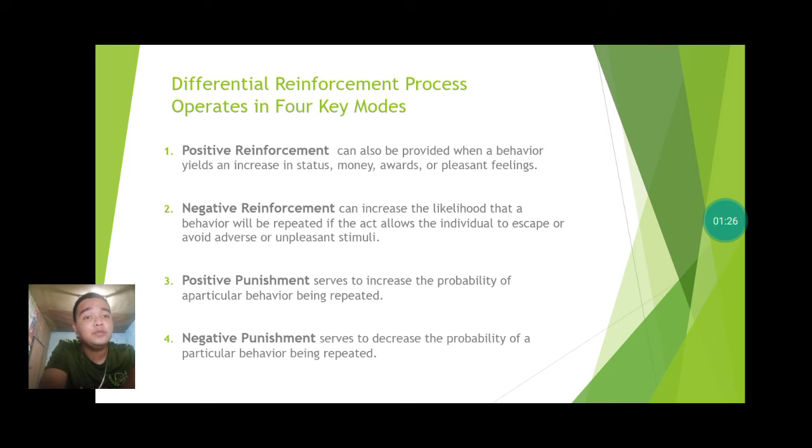So that's positive reinforcement. Negative reinforcement can increase the likelihood that a behavior will be repeated if the act allows the individual to escape or avoid adverse or unpleasant stimuli. So what is negative reinforcement?